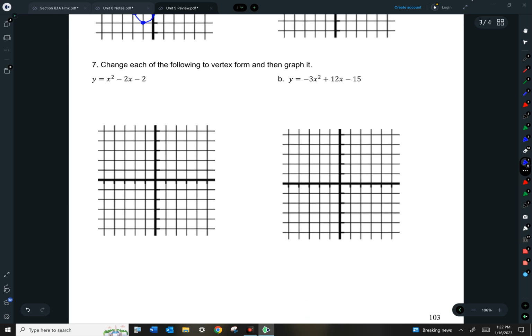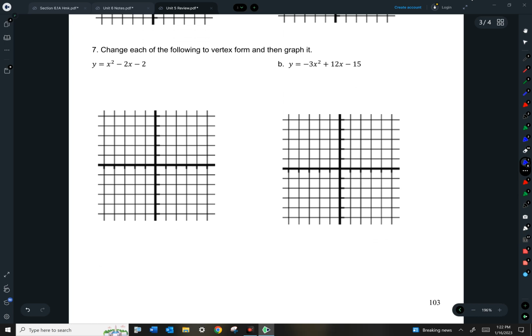Then on 7 and 8, these are the kinds where you have to complete the square in order to put it in vertex form. So I need to make this look like a quantity squared. Notice it says change each of the following to vertex form. So I know that to fill in the parentheses, it's going to be x minus 1, because remember, I always take half of that number.